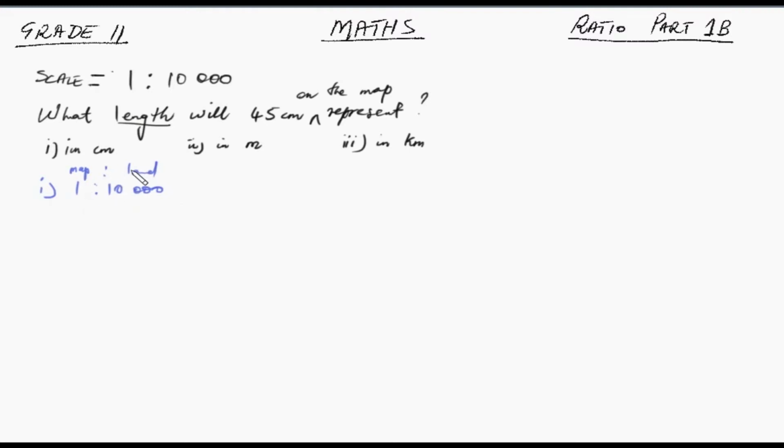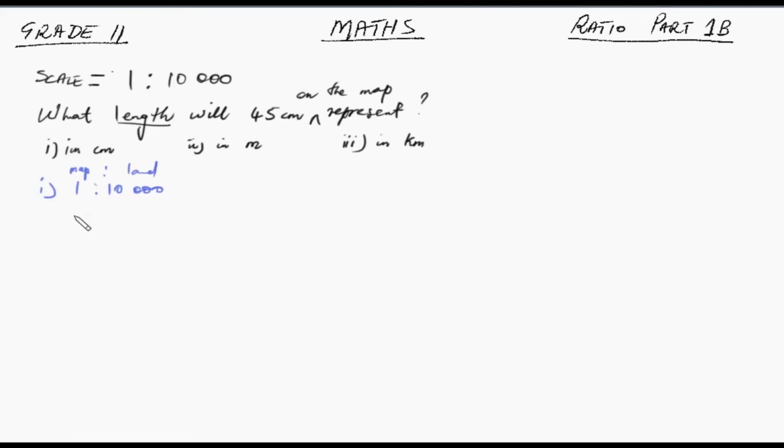If there is 1 unit distance on the map, that will be equal to 10,000 units on the ground. So 1 centimeter on the map represents 10,000 centimeters on the land. 1 meter on the map will represent 10,000 meters on the ground. 1 kilometer on the map will be equal to 10,000 kilometers on the land. That's actually what this means.